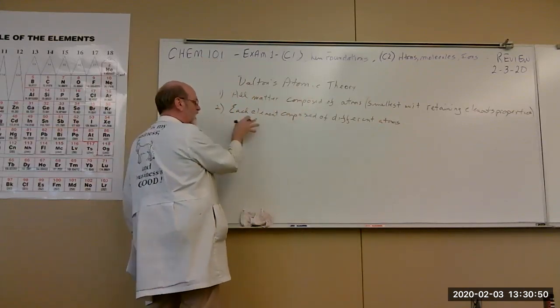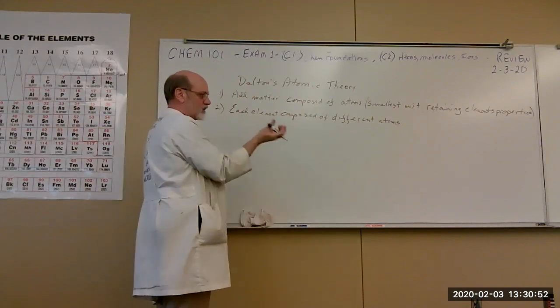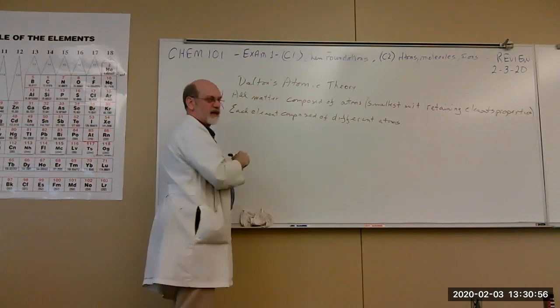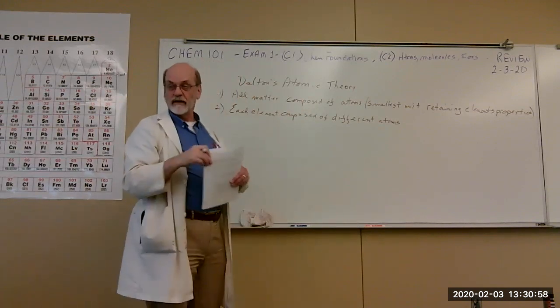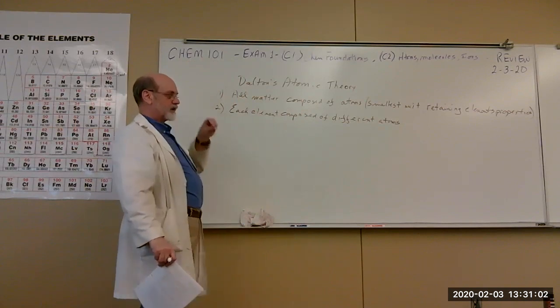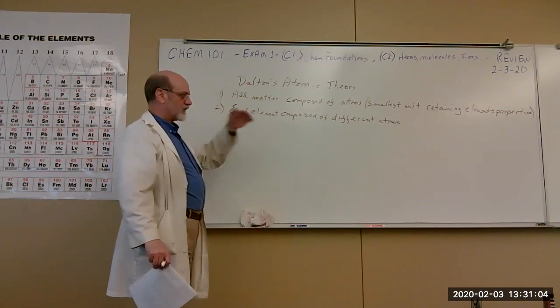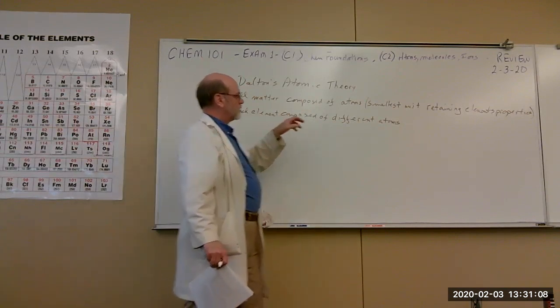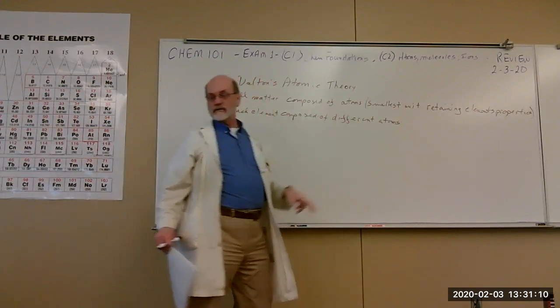But within the collection of one pure element, all the atoms are the same. So what he's saying is that the differences that you see between this element and that element is due entirely to the makeup of the atoms in that element.